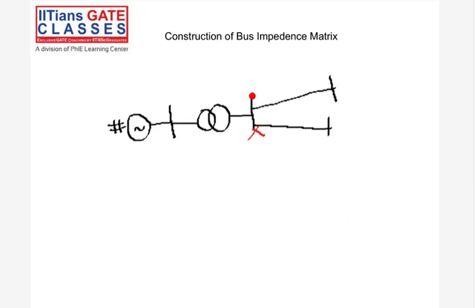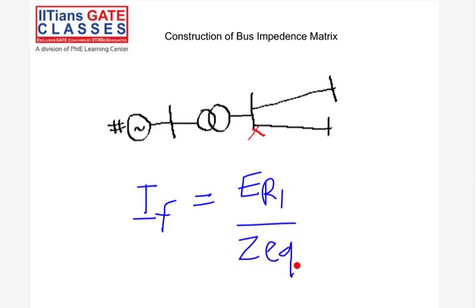To find the fault current, we try to find the Thevenin's equivalent. I told you in the beginning that we will be having a lot of callback to network theory. So the fault current at that bus is usually calculated as V R1 over the Z equivalent, and this Z equivalent is usually the Thevenin's equivalent, right?